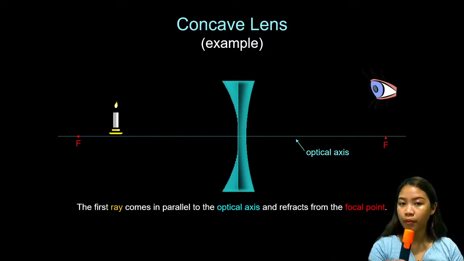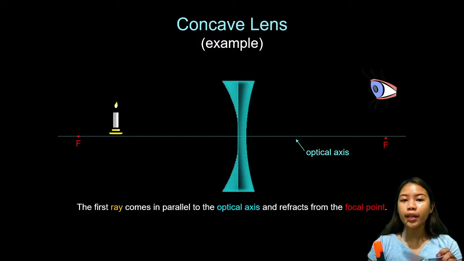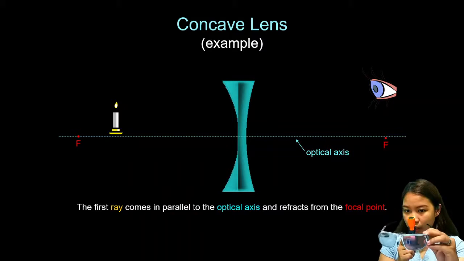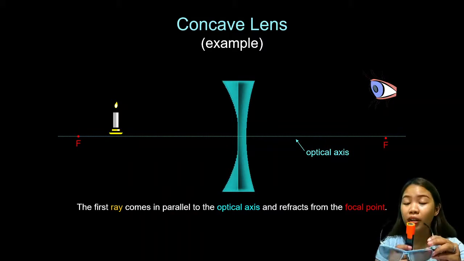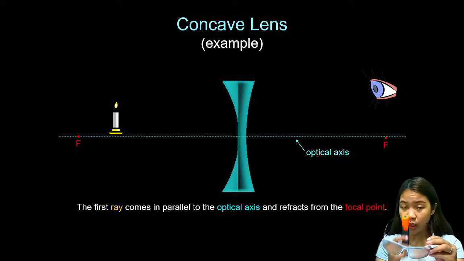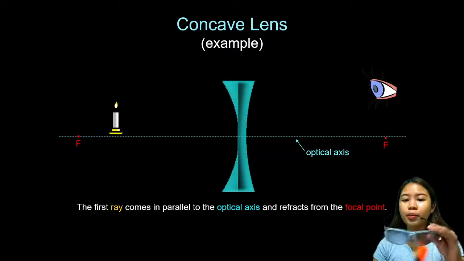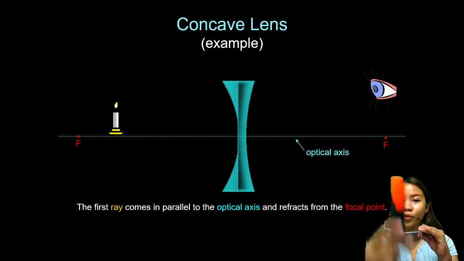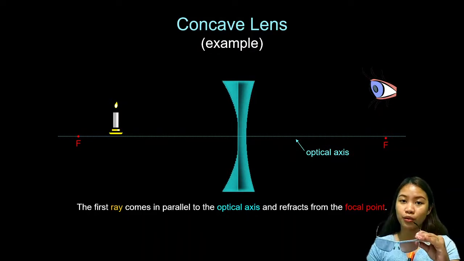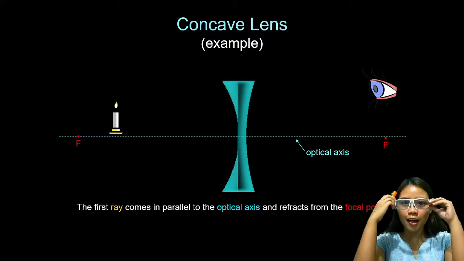It should be that the lens is at the center, between the object and the observer. Do you understand?